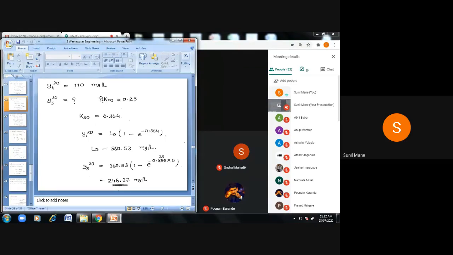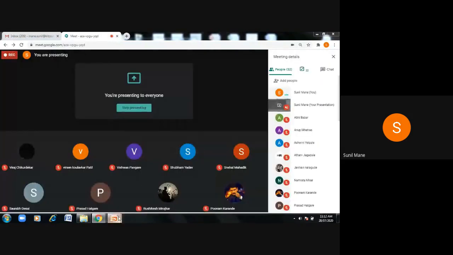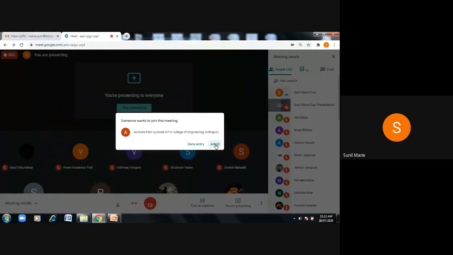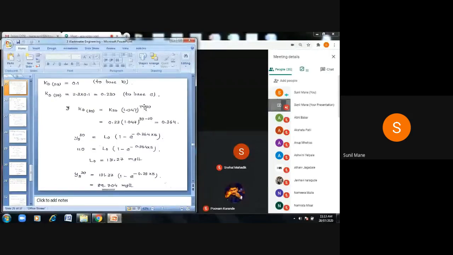Now for the next part, whenever we go for calculation, we want K30, because we have gone for this incubation at 30 degrees Celsius. So we have to calculate that K30, and it can be carried out in this manner.